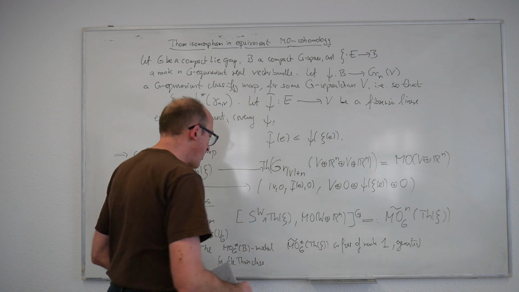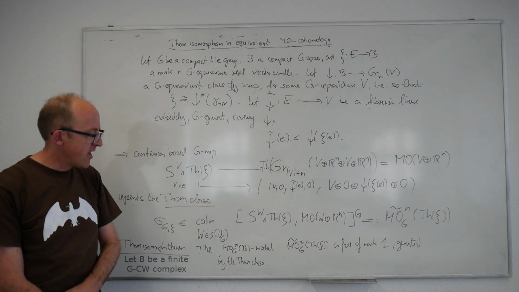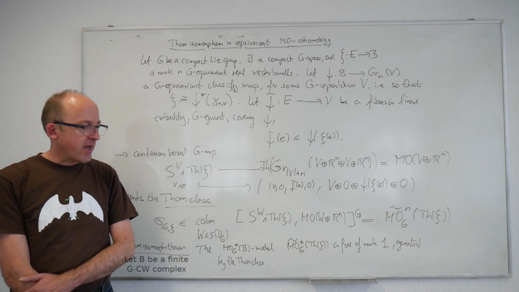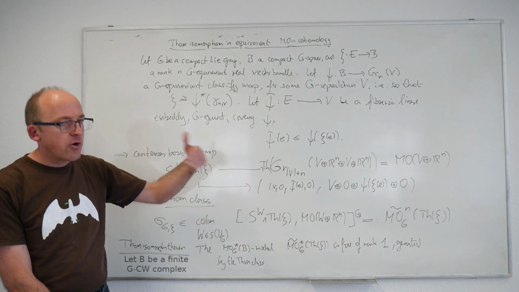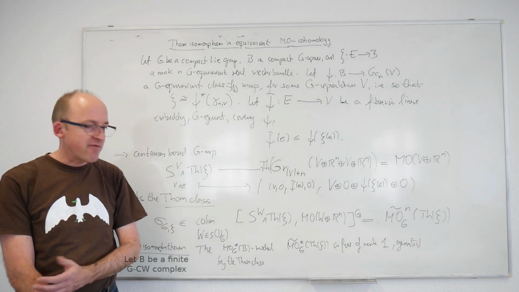So if you wonder how is this graded abelian group a module over this graded ring in the first place, I told you earlier that MO is a strictly commutative ring spectrum, so that means the cohomology theory on a space with a disjoint base point is naturally ring valued.